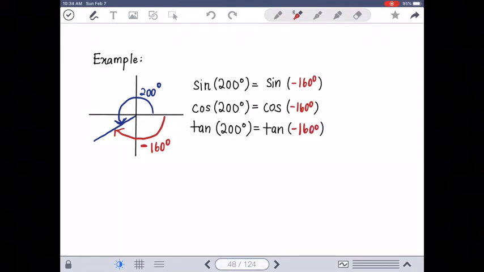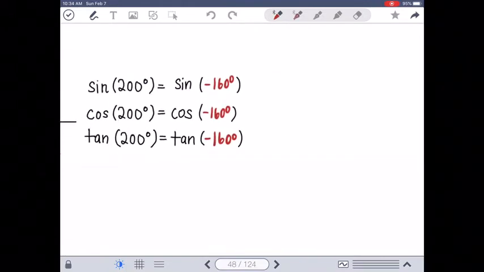And if you press your calculator, for both, you will get negative 0.342, and then cos 200 equals to cos negative 160 degrees equals to negative 0.9397.